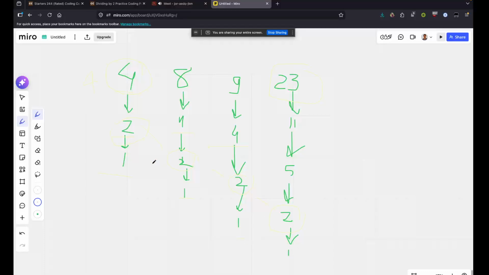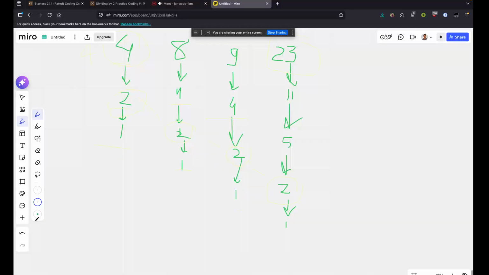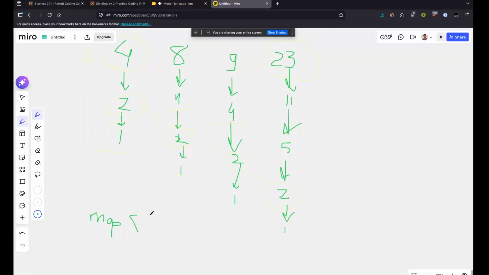So I take a map, and in my key part I was storing the number, that is 4 or 2. In the second part, I am storing a pair.